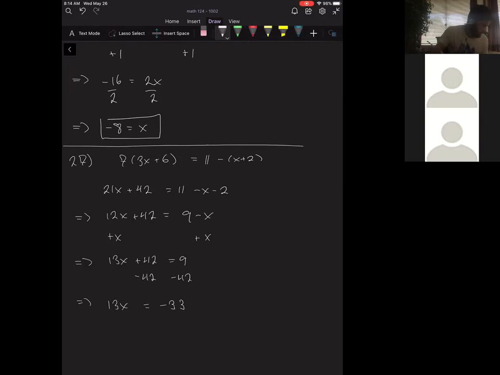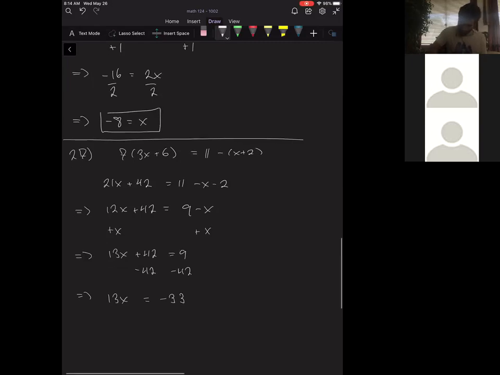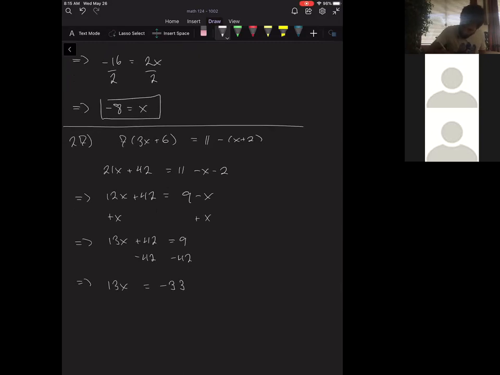Number 27. Okay. And did we make a mistake somewhere? Did I copy this problem down right? Anyway, let's see.